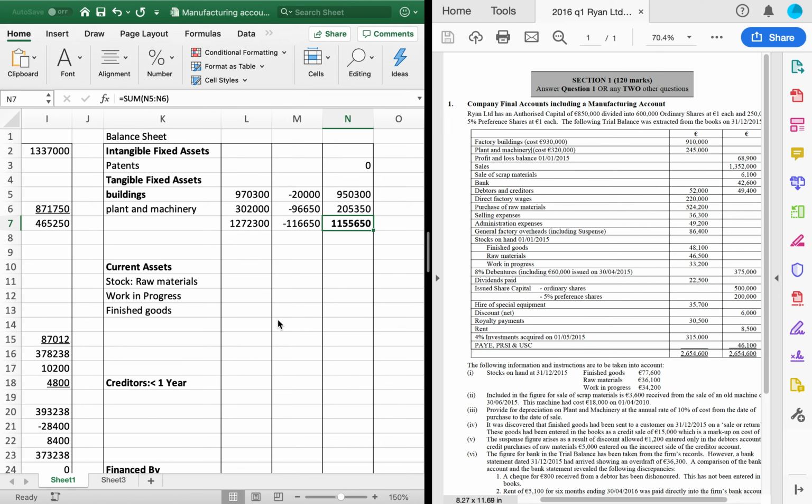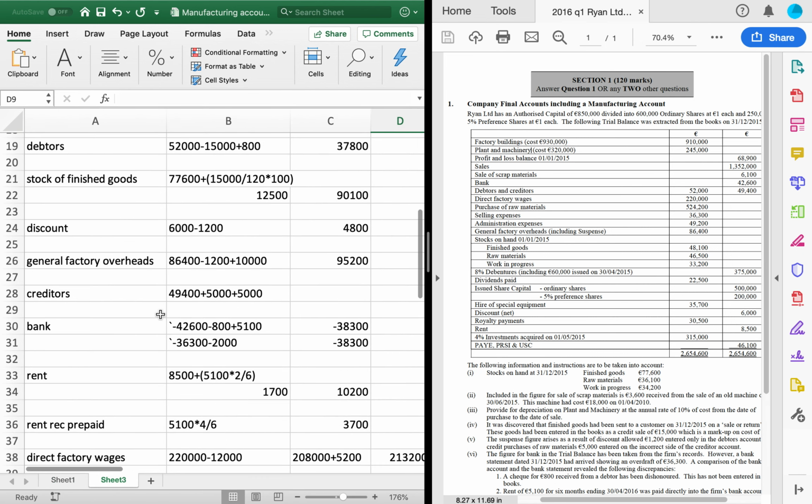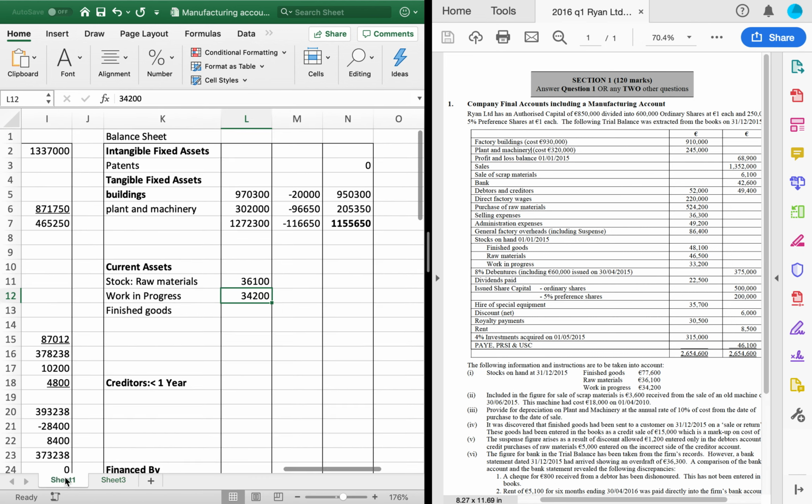Okay. So onto our current assets. Your three closing stocks need to go in. So your closing stocks of raw materials are 36.1. Of work in progress is 34.2. And your finished goods was changed, so it's 90,000 something, I think. 90,100. Any other current assets?